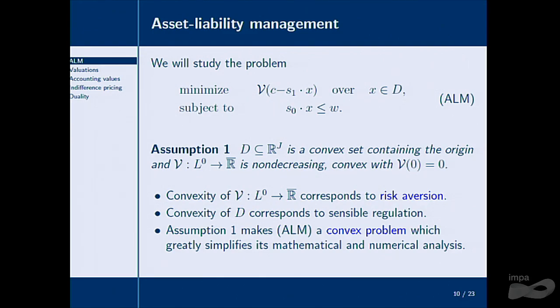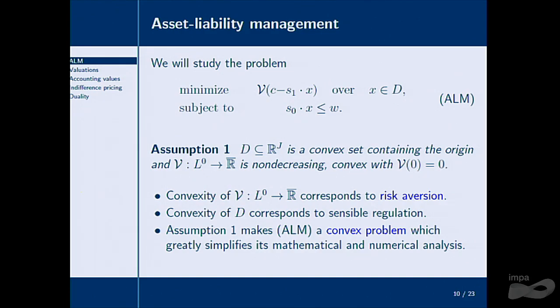They never want to throw money away. That's not the case in the Markowitz model. I will be modeling more rational agents than the Markowitz model does. And for convenience, I assume that the set D contains the origin and that the function V is normalized so that it takes the value 0 at the 0 random variable.